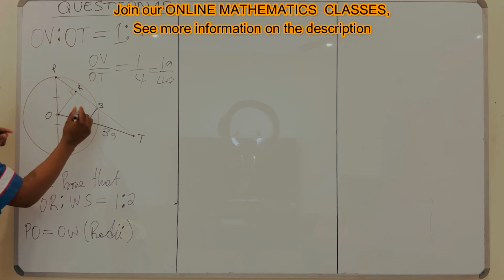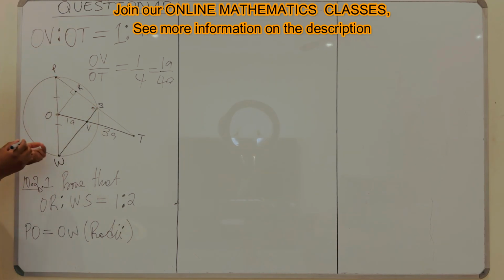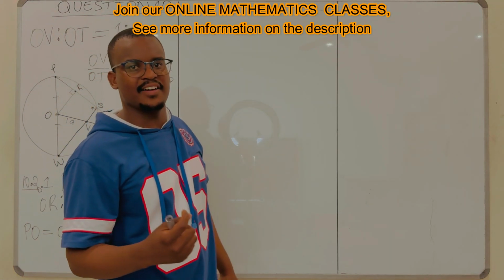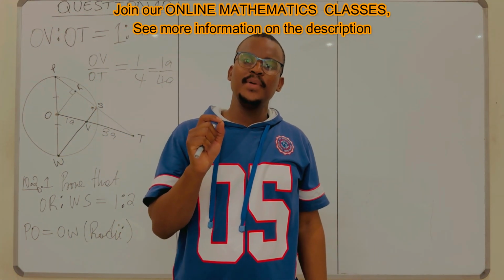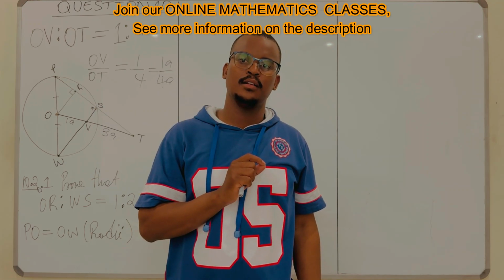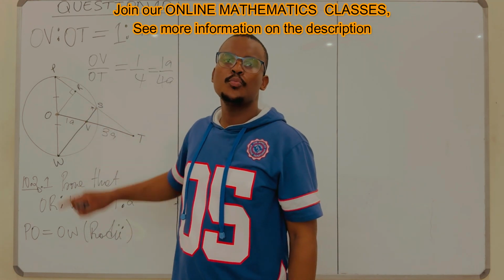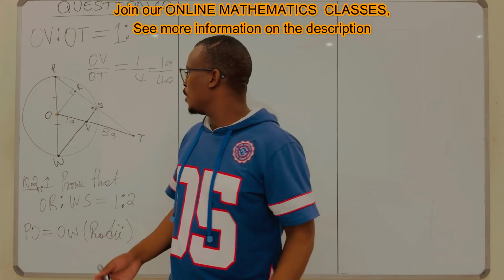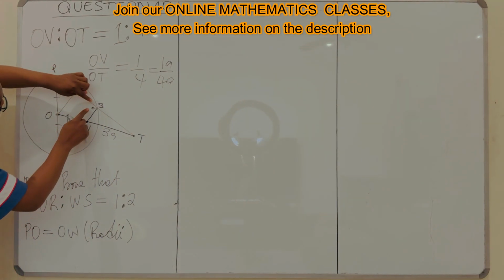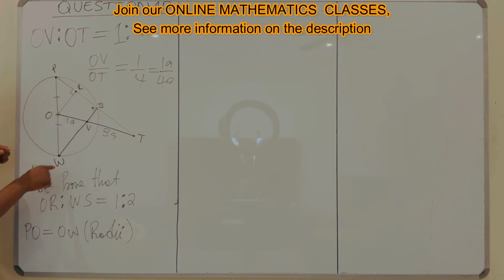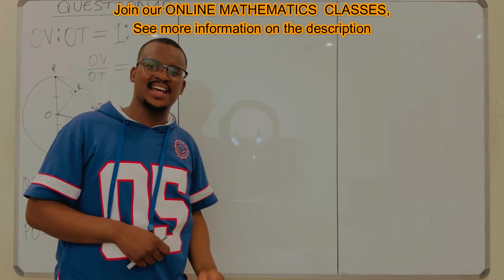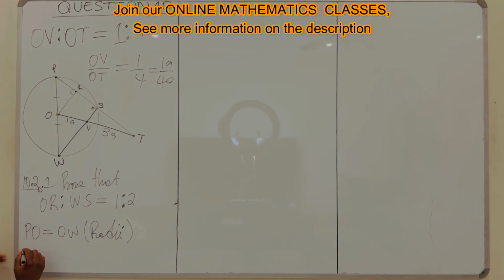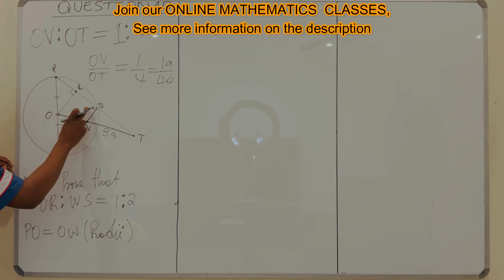So this angle over here is formed by a diameter, the PW. And you should remember from your grade 11 Euclidean geometry that a diameter subtends a 90-degree angle. So that angle S should be 90 degrees because your diameter subtends a right angle. So this angle S is formed by PW, and PW is a diameter, and diameters subtend a right angle, which is 90 degrees.